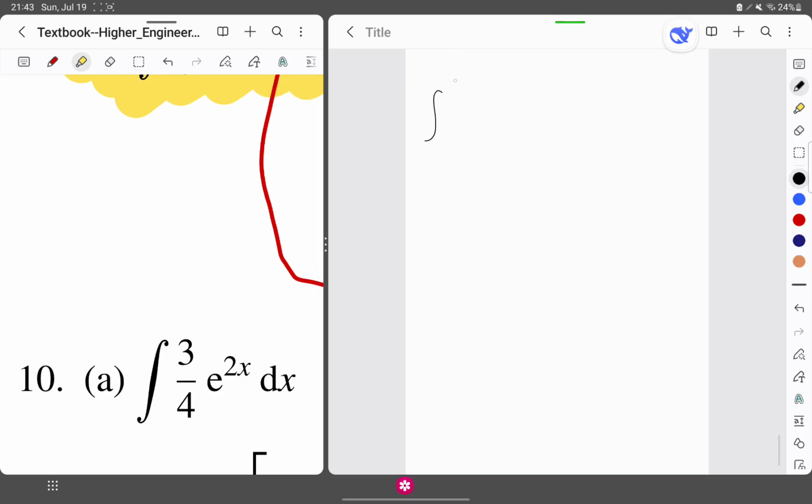Okay, integral of 3/4 times e to the 2x dx. So it's easy. Integral of e to the power of 2x dx, and it will be 3/4 e to the power of 2x over 2 plus c, and it will be 3/8 e to the power of 2x plus c.